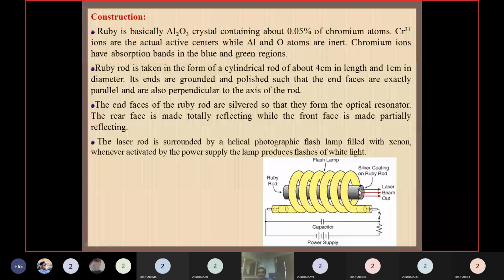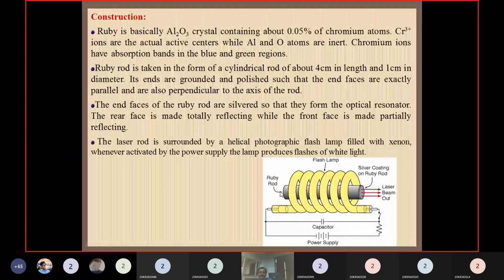Because of the optical resonators, the red light reflects back and forth again and again.